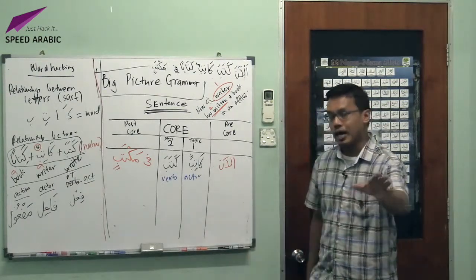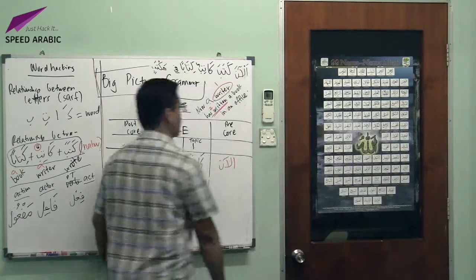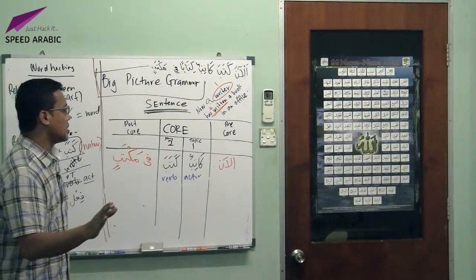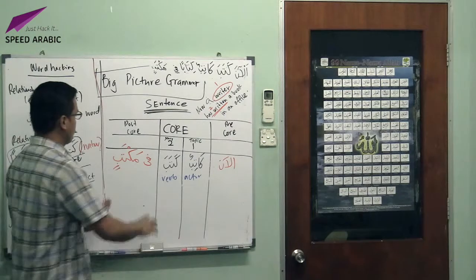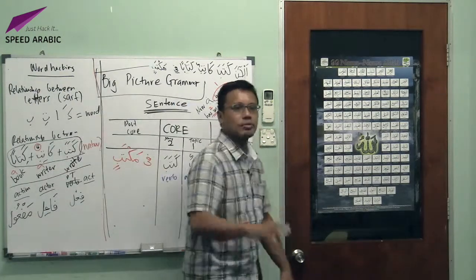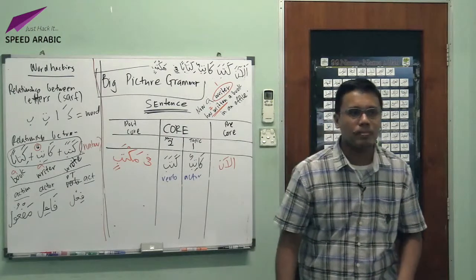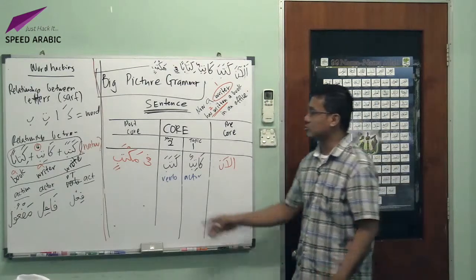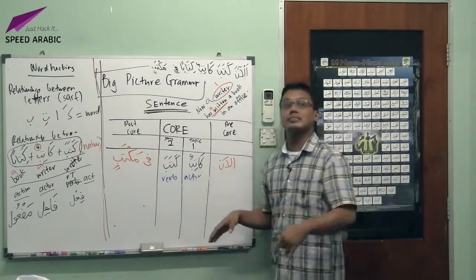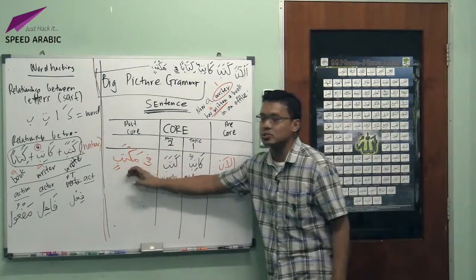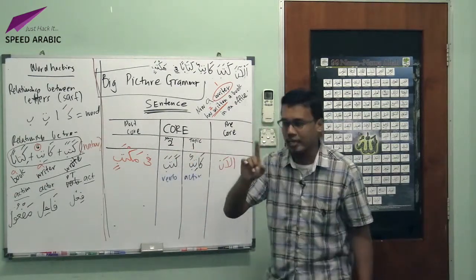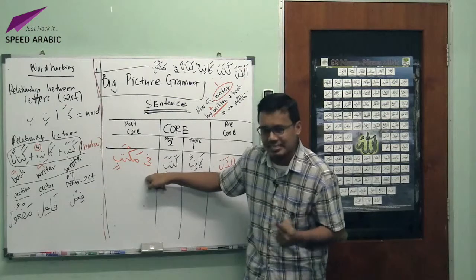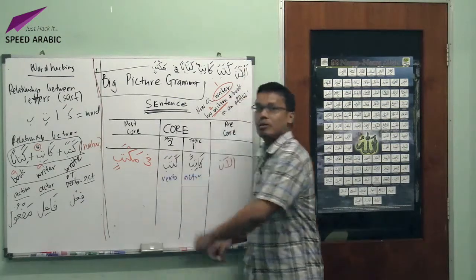If I were to flip the sentence and say fi maktabin kataba katibun, what does that mean? So this one becomes the pre-core, or is it the same? It's the same. See, the post-core will always have a preposition here. Preposition is one of the characteristics of the post-core.